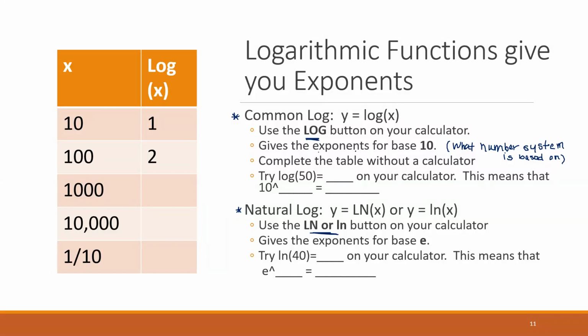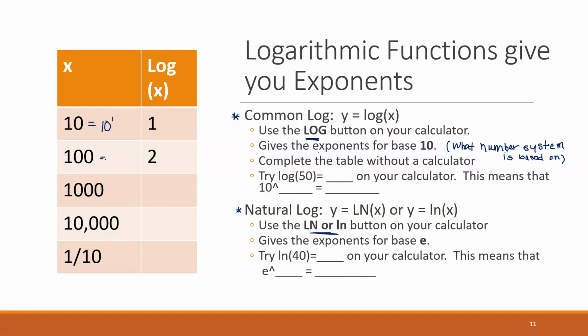In our number system, as you see over here in the chart, 10 is equivalent to 10 to the first power. So on your calculator, if you type log, that button should be right beside the number 7, and then you type 10 and hit enter, your calculator gives you 1 because the exponent is 1.